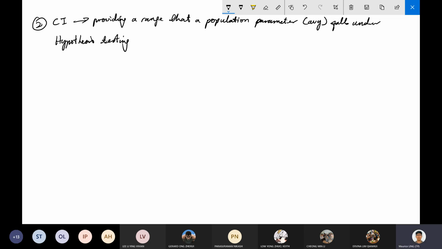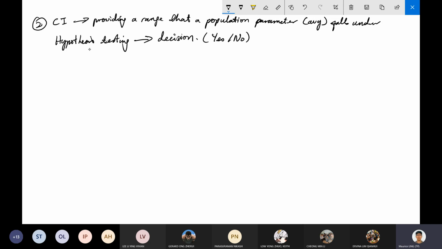So you're actually providing a range. Hypothesis testing is actually a decision. There are two sides of the same coin. Hypothesis testing is a decision. Your decision is either a yes or a no answer. It's a binary answer. Confidence interval provides the range.